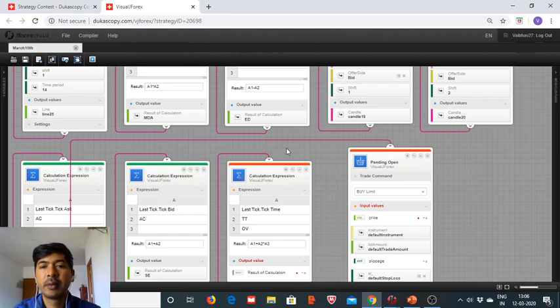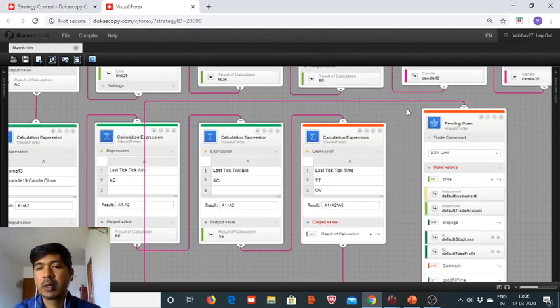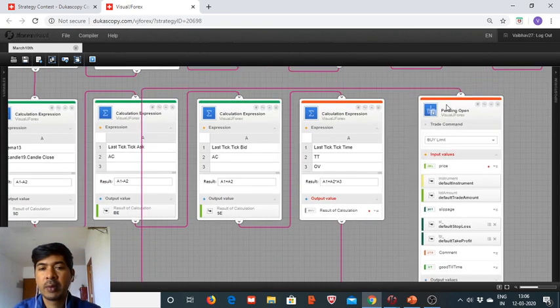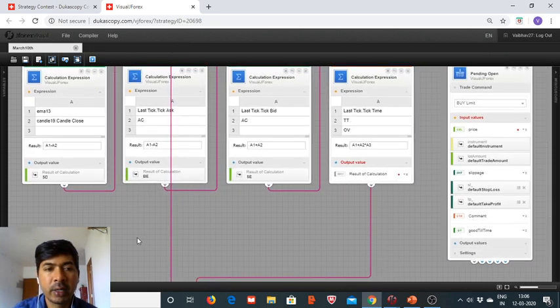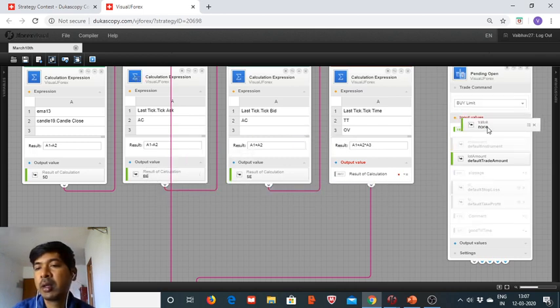And our calculations are here. We are going to use this buy price when the last tick price is adjusted by subtracting the 10% of the ATR, and we bring in the buy entry for our order value.